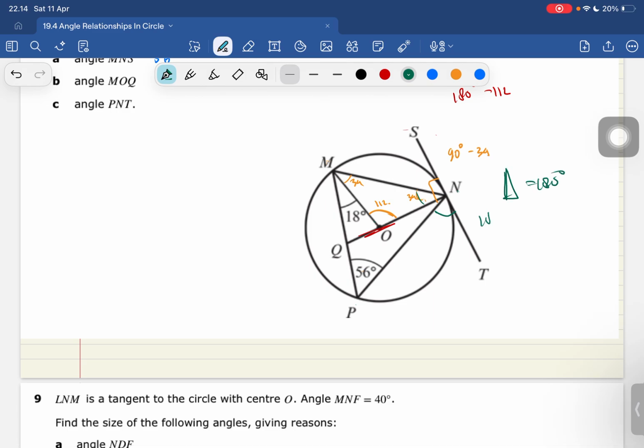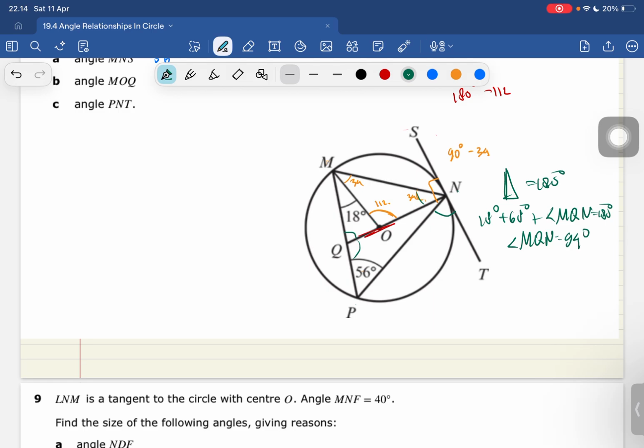So we got 18 degree plus 68 degree, and let's find this angle, the angle of MQN equal to 180 degrees. So the angle of MQN, we got 180, here 180 we minus 18 and minus 68. It's going to be 94 degree.